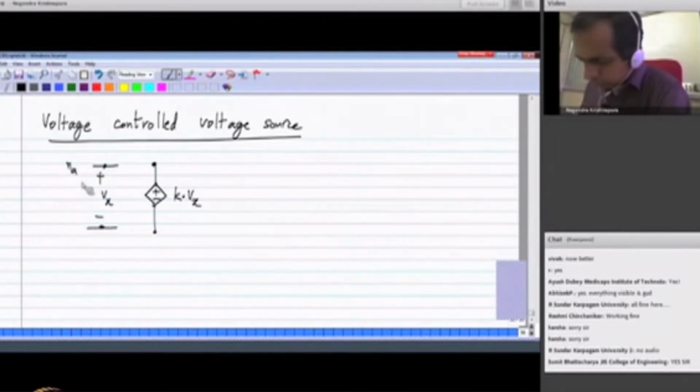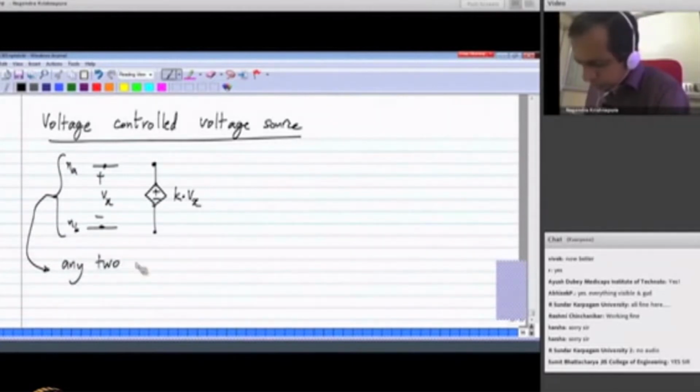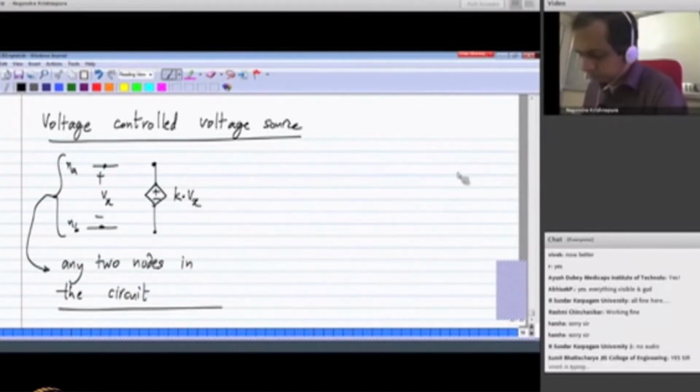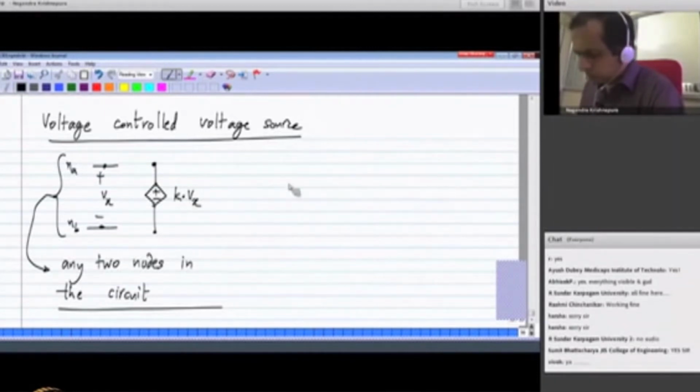I'll call these NA and NB, and these two are any two nodes in the circuit. Okay. Now, what does it mean? Just to give you an example.